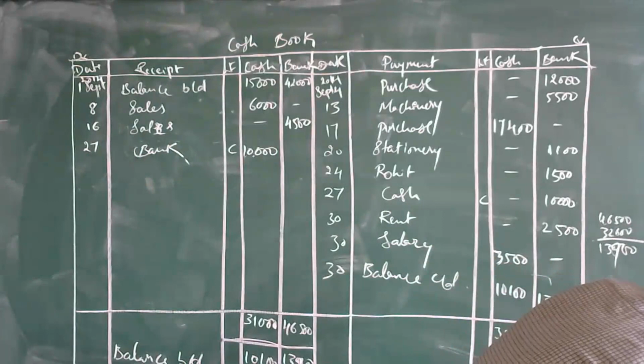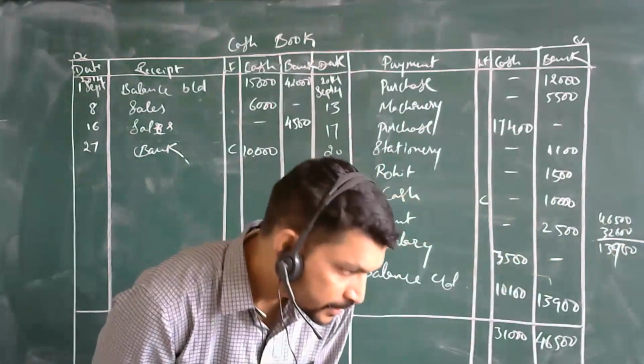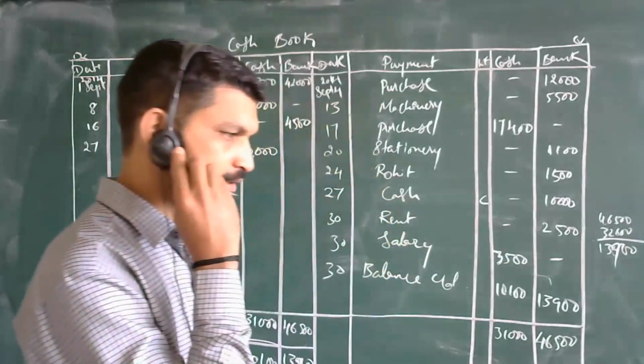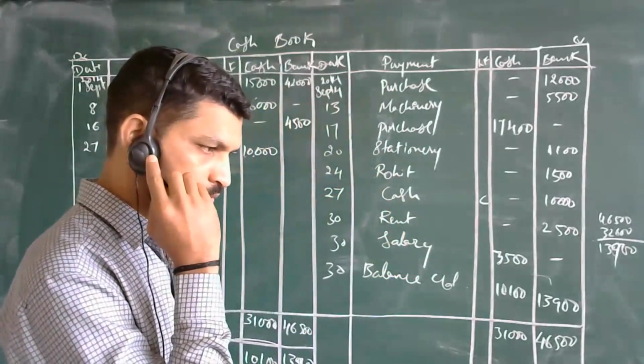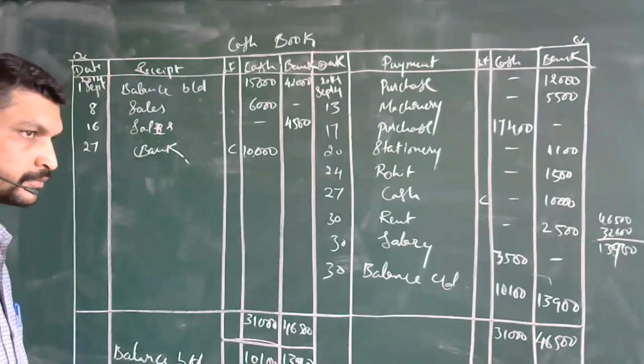Can you all do this? क्या आप कर पाओगे? Sir, not able to hear your voice. I think there is a network issue. Yes, sir. क्या आप ट्राई करोगे ये लेजर अकाउंट्स? सर ट्राई करूंगा. Everyone, not alone, everyone.